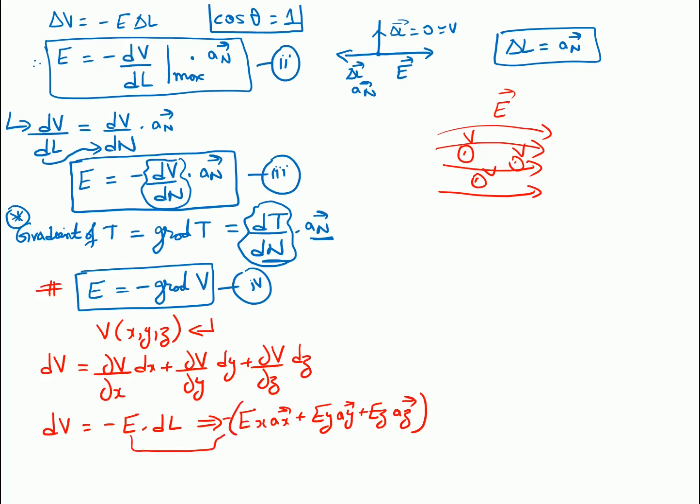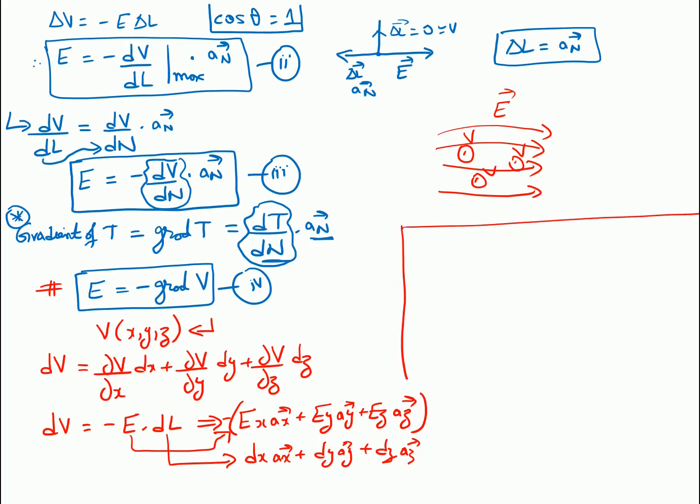This is the representation of the electric field, and dL, in a rectangular coordinate system, is dx along a_x plus dy along a_y plus dz along a_z.